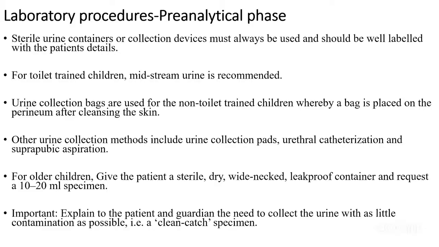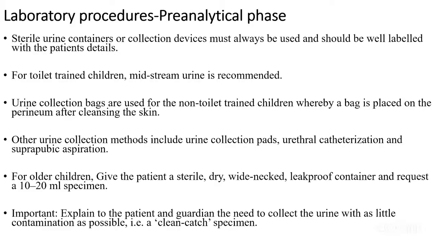So sterile urine containers and collection devices must always be used and should be well labeled with the patient details to avoid mix-up of the samples. Because if you get the wrong sample, you give the wrong results to the patients.